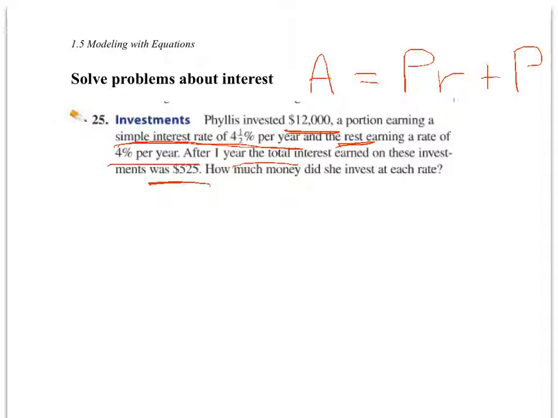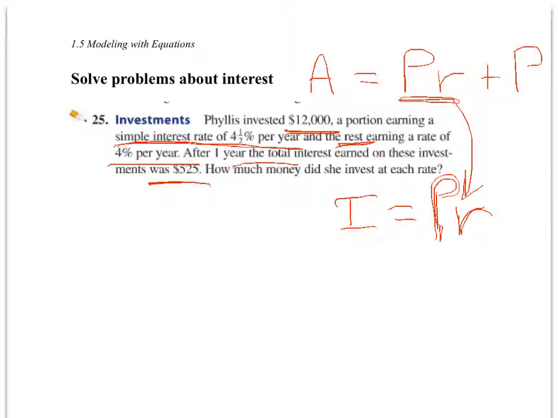What I really just wanted you to know is this part of the formula right here. That part, P times R, is the interest that you earn on an investment at an annual rate of R with a principal amount of P. So to figure out the amount of interest on an investment, you multiply the amount of the investment, which is called the principal, indicated by P, times the rate of interest at simple interest. That will just be R.